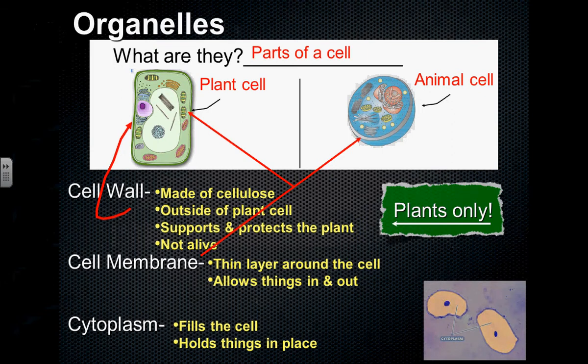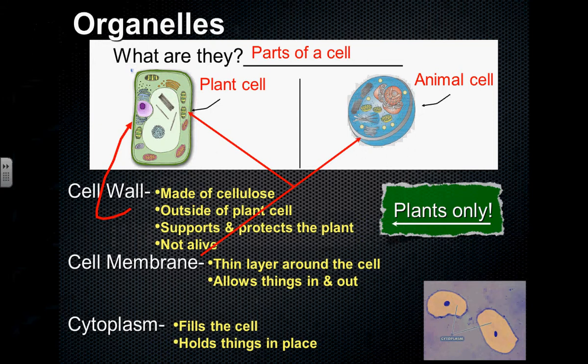So if we look here, I have two pictures of cells. What is this layer here? We know, what kind of cell is this, first of all? They're both the same. Plant or animal? They're circular-ish. These are animal cells.